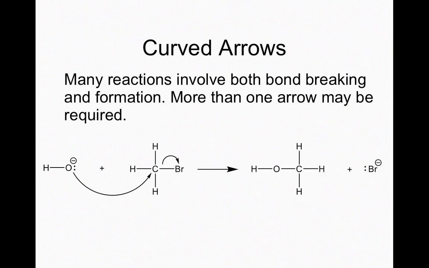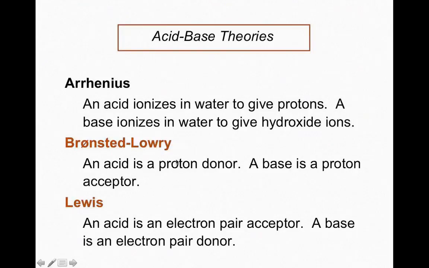Again, notice how each arrow begins at an electron pair or bond and points to an atom. So here we see the arrow begins at the electron pair in oxygen and points to the carbon atom in the other reactant. On the other side, the arrow begins at the bond and terminates at the bromine.